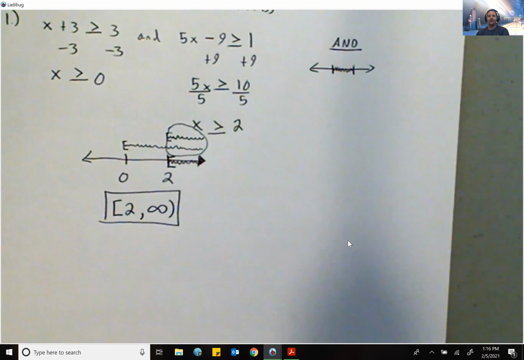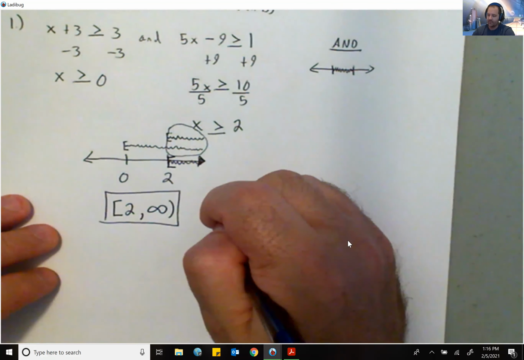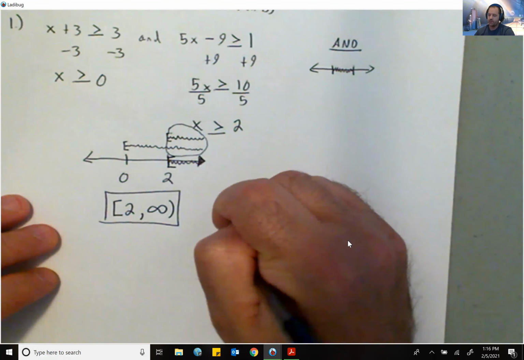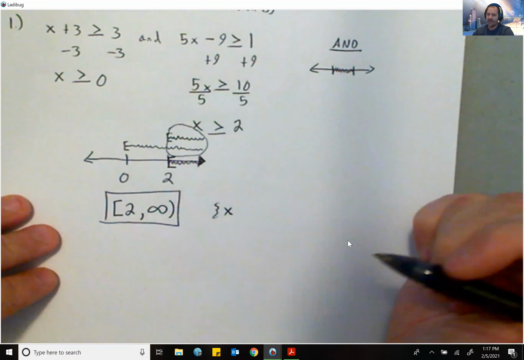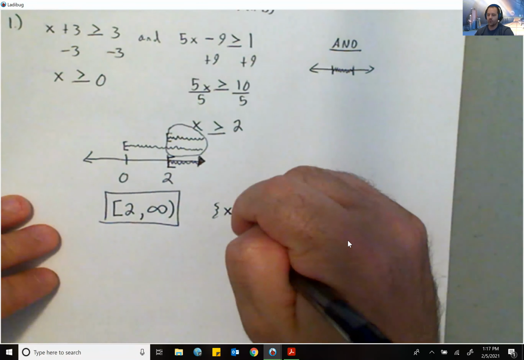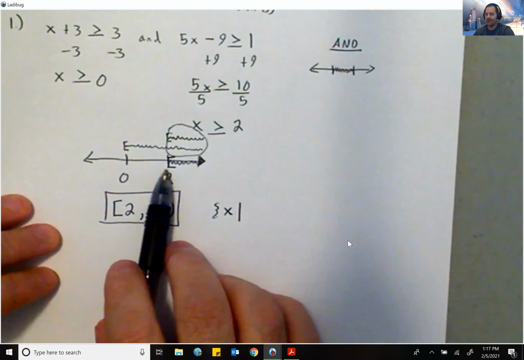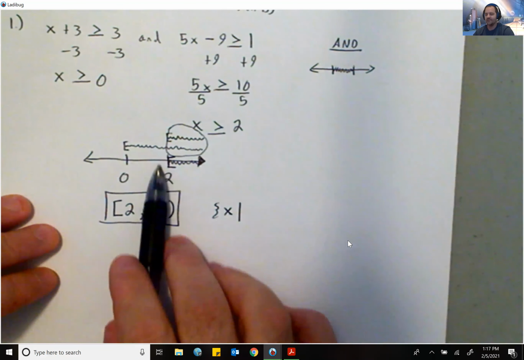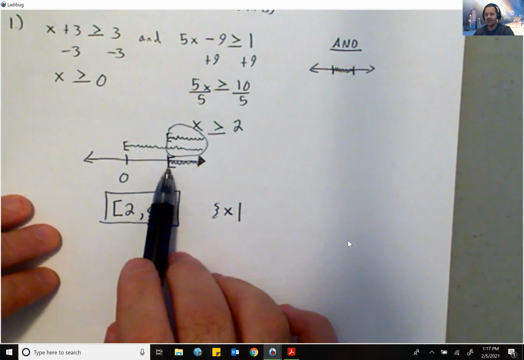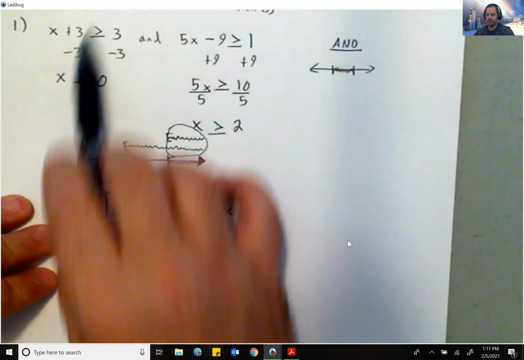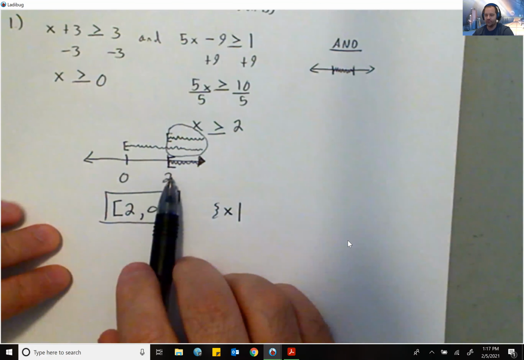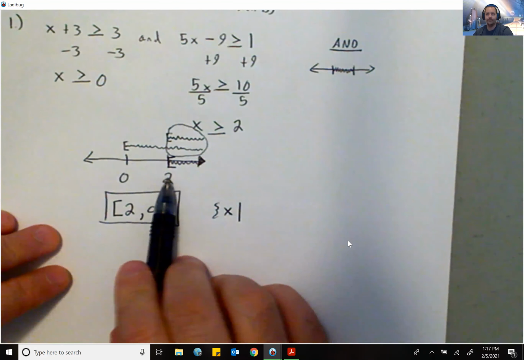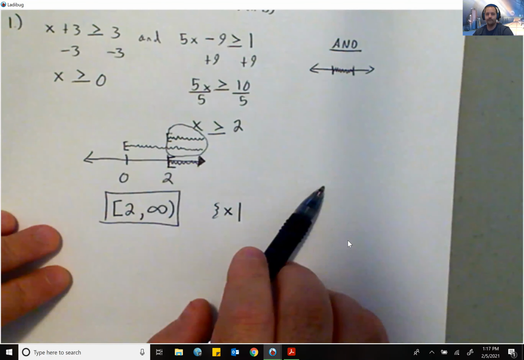If we had to put this in set notation, it would look like this. Our brace, our variable is x, vertical line, and then we need to put this as an inequality, like up here. So we know that we have from 2 on up, right?